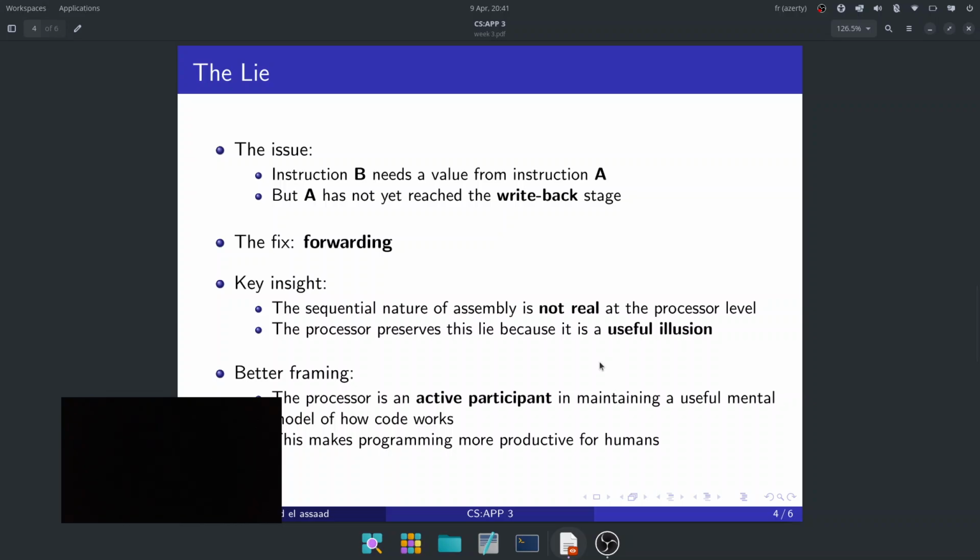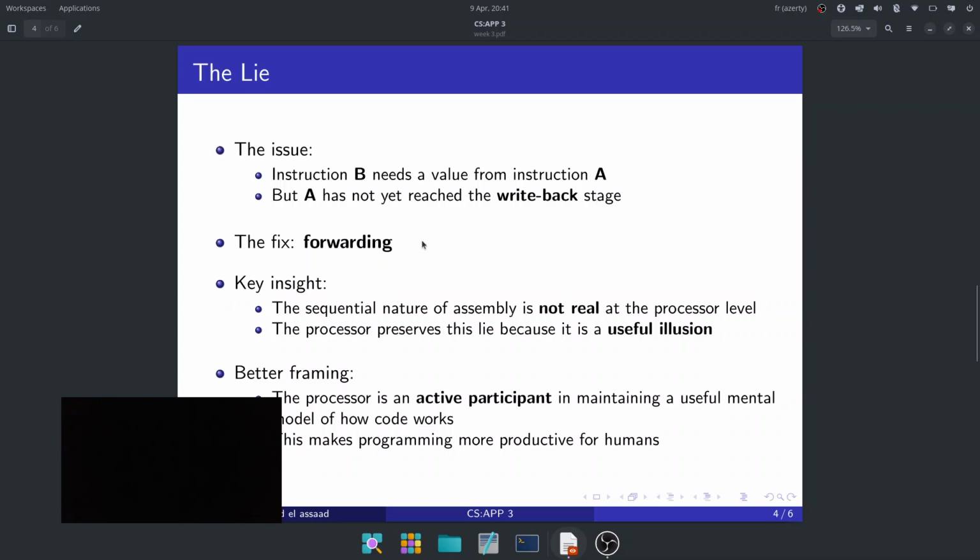And this leads to the lie that the processor is maintaining. Let's go through an example. First of all, we have instruction B, and it needs a value from instruction A as an input, but instruction A has not reached the write back stage.